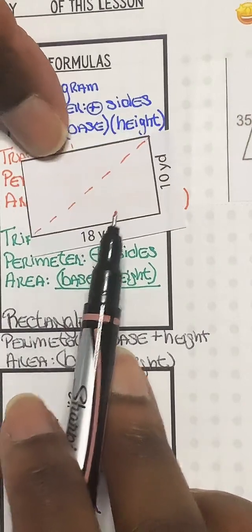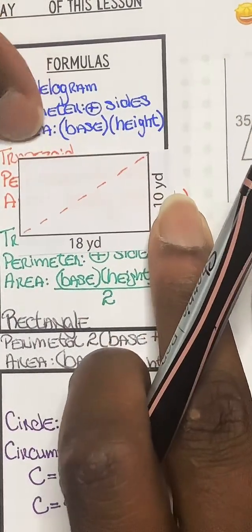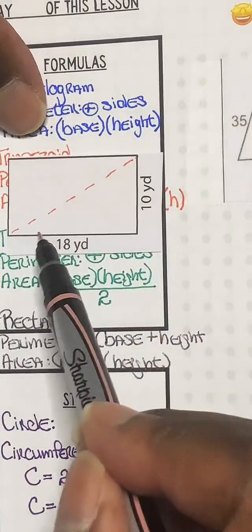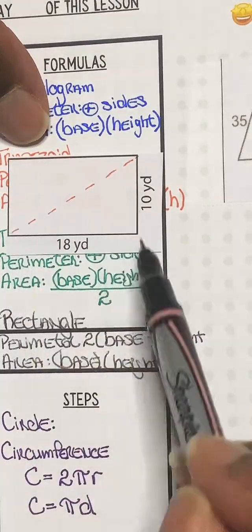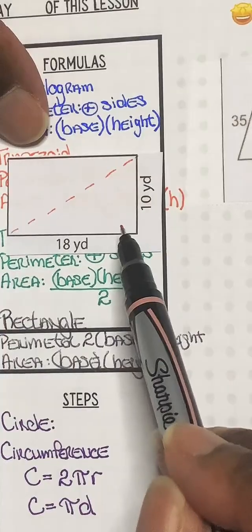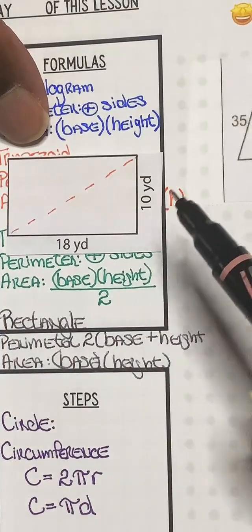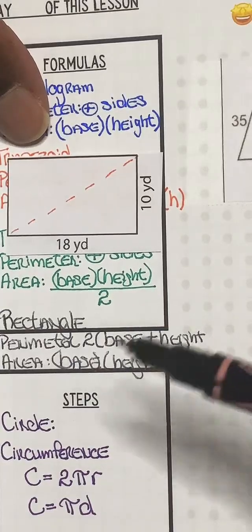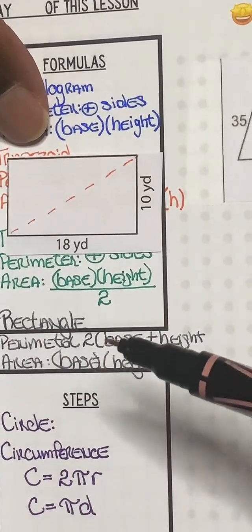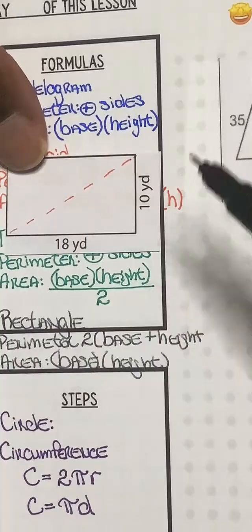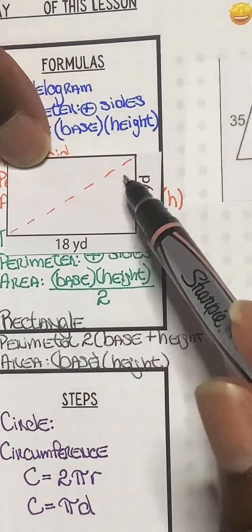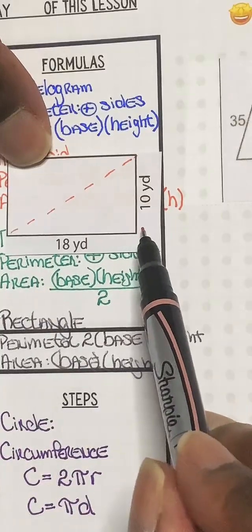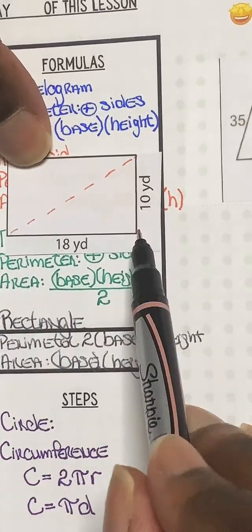Like I said earlier, this is going to give you 2 triangles. You have 1 triangle here and 1 triangle here. I can't assume that it's a right triangle. I would like to, since it's a rectangle, but right now I can't make any kind of assumptions at this point in time. But in order for you to find the area of the triangle, you know that the area of a rectangle is your base times height.